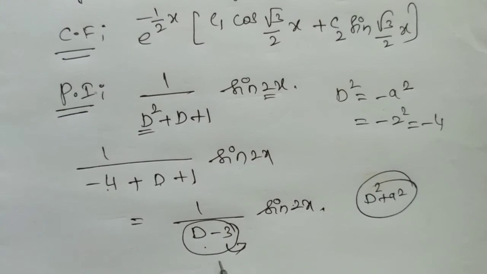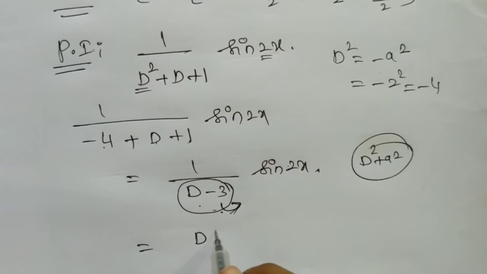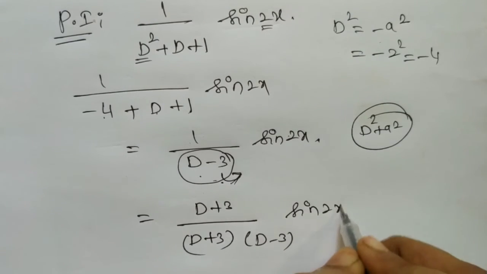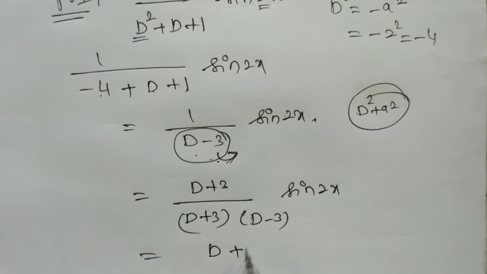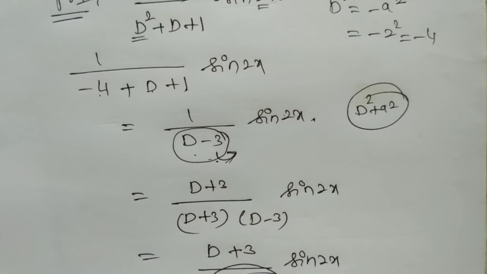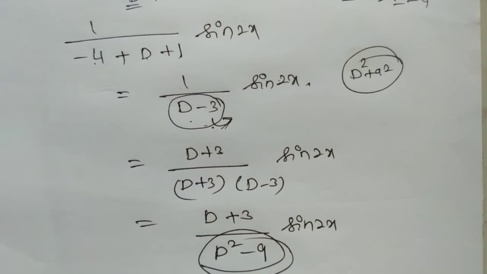So by changing it to that form, multiplying and dividing by D plus 3, then D plus 3 by D plus 3 into D minus 3 sin 2x, so D plus 3 by D square minus 9 sin 2x. Here, by changing to the D square plus a square form, I divided and multiplied by D plus 3.